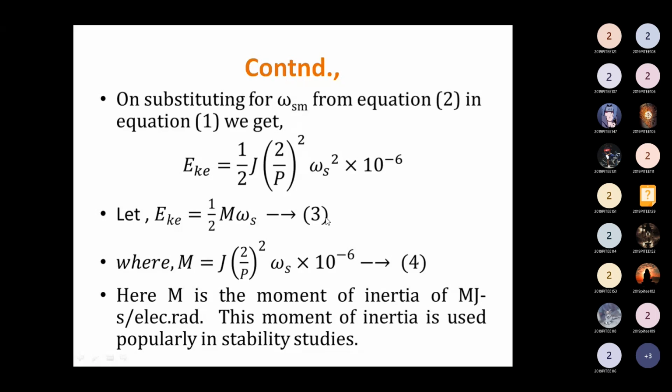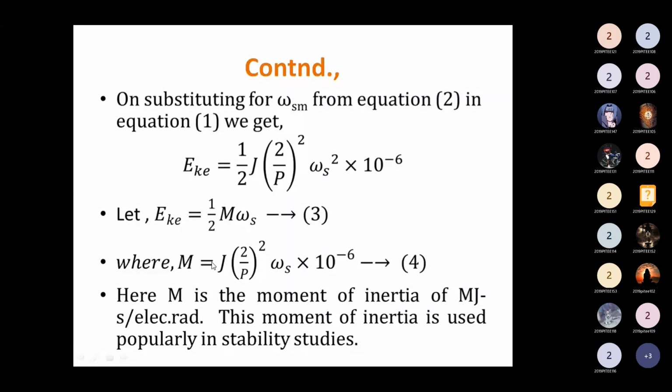Where M is nothing but the moment of inertia. M is equal to J, 2 by P whole square, into 10 power minus 6.